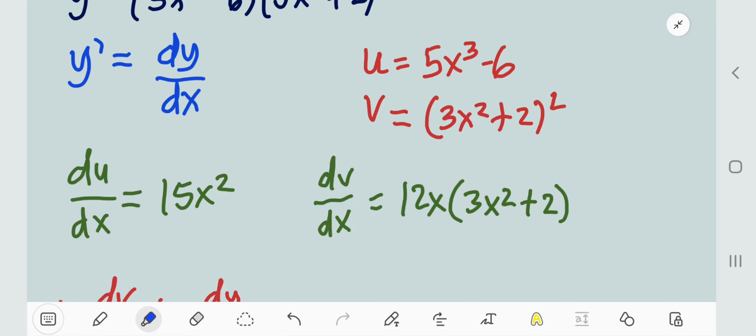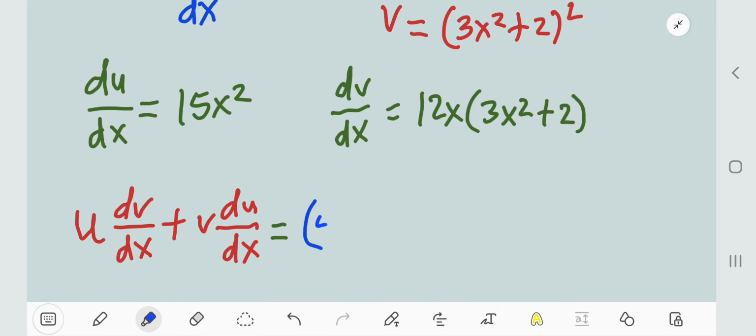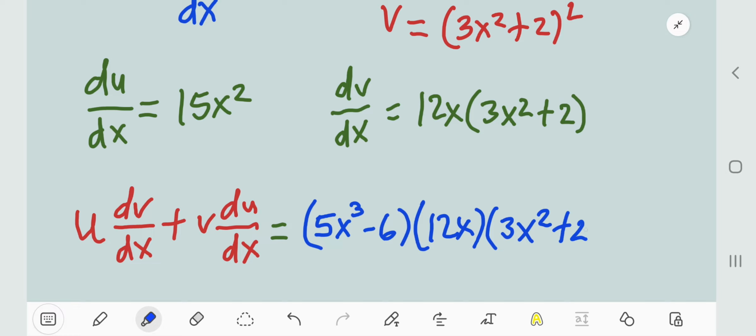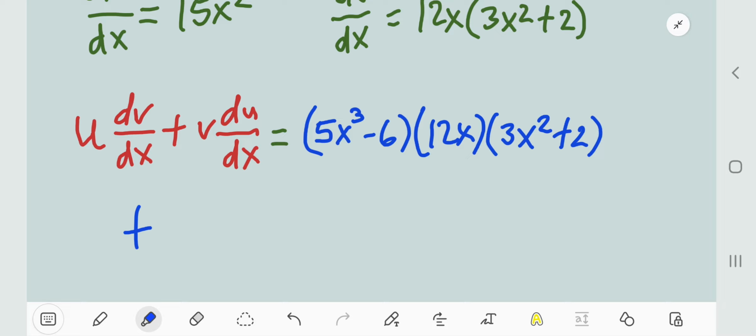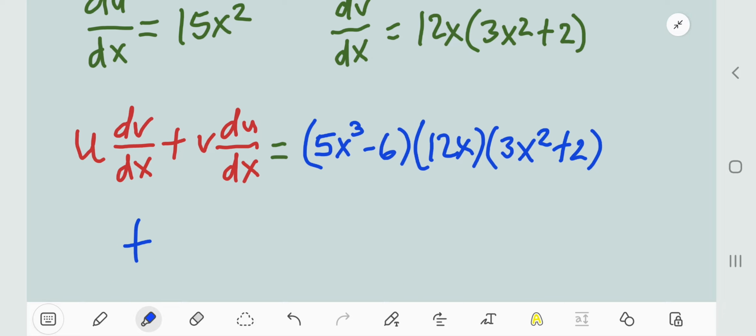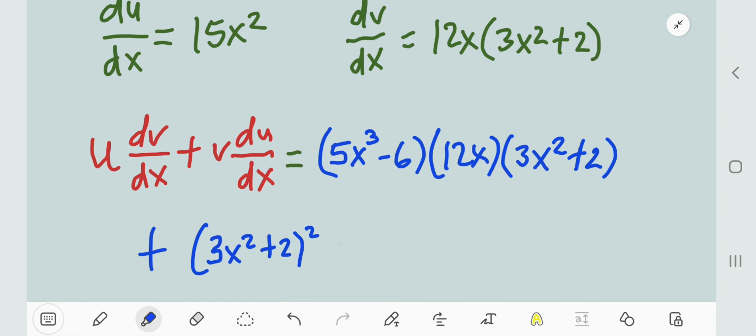So u dv over dx is going to be 5x cubed minus 6 times dv over dx, which is 12x times 3x squared plus 2, and then plus v, which is 3x squared plus 2 all squared, and then du over dx, or the derivative of u with respect to x, is going to be 15x squared.